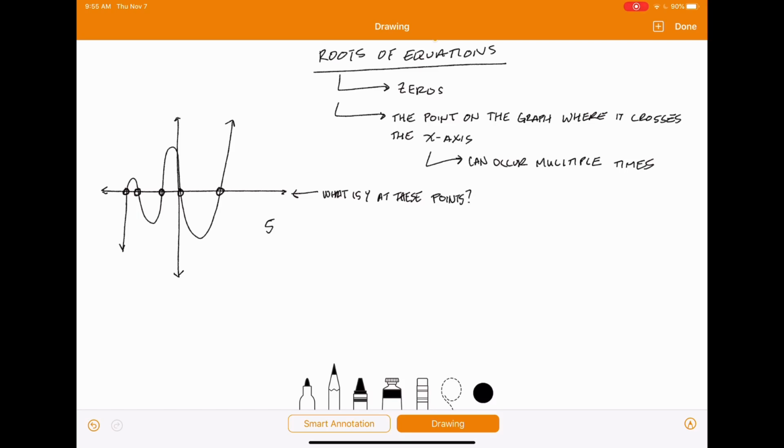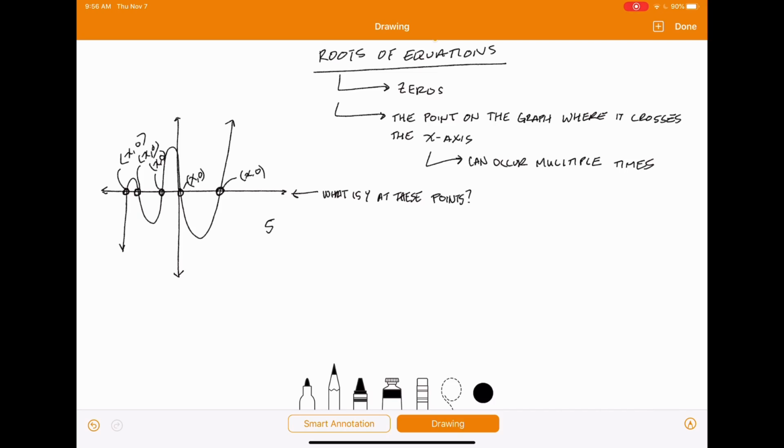All right, so if we look at it, this point here is going to have some x value, which is going to be our root, and y equals 0. Again, x zero, x zero, x zero, x zero. All right.